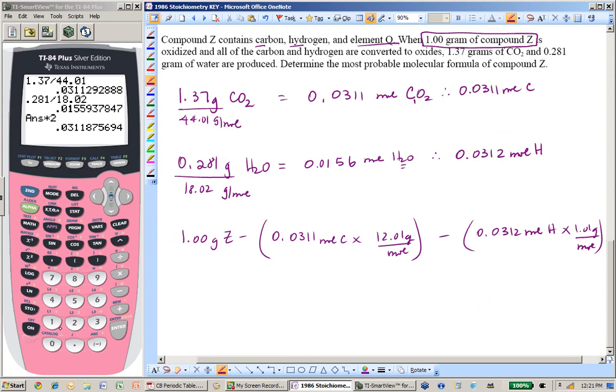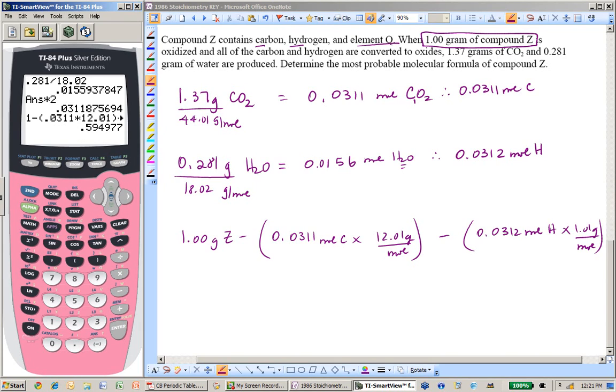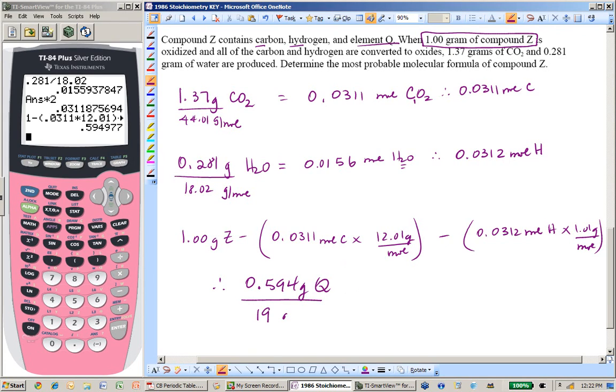So 1 minus, open a paren, 0.0311 times 12.01, close a paren, minus, open a paren, 0.0312 times 1.01, close a paren, enter. 0.594 grams of Q. Then we're going to divide that by 19. That's what we figured out earlier.